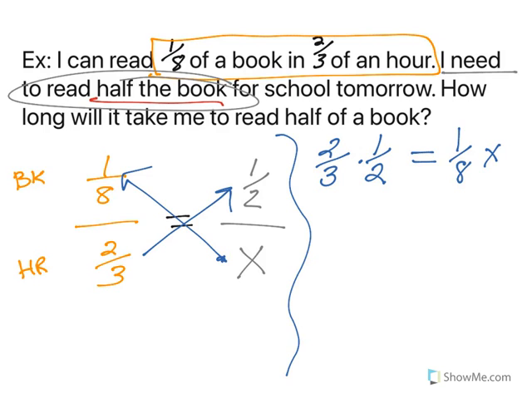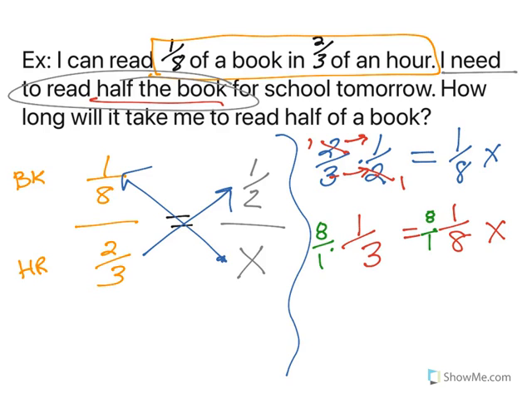Okay, on the left side, 2 goes into 2 one time. So I reduce down to 1/3 equals 1/8 x. Because when I multiply straight across, 1 times 1 is 1, 3 times 1 is 3. Now to get x by itself, I multiply by 8/1 because the 8's cancel out to be 1, so I have 1/1, which is just 1x.